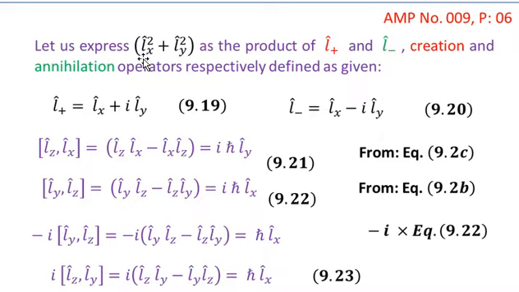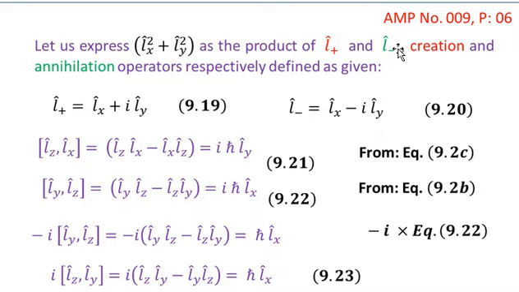Now we want to express Lx² + Ly² in the form of the product of these two operators, L+ and L−, respectively called creation and annihilation operators, or the raising and lowering operators, because when they operate on a wave function, L+ will raise it to a higher state, and when L− operates on a wave function, it will produce a wave function corresponding to the lower state.